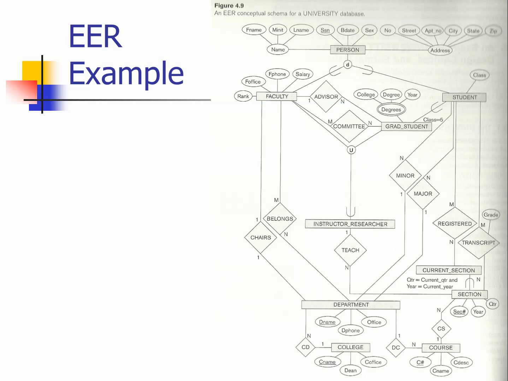And more importantly, this is a figure that combines the superclass, subclass, as well as the relationships. So make sure you understand that the relationships are represented in the diamond shape, while the superclass and subclass use the special fork sign to indicate the direction of the superclass and subclasses.